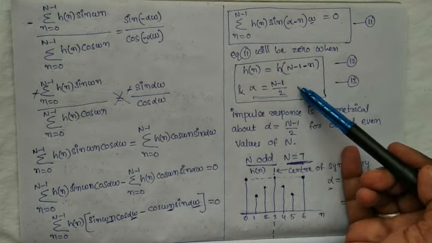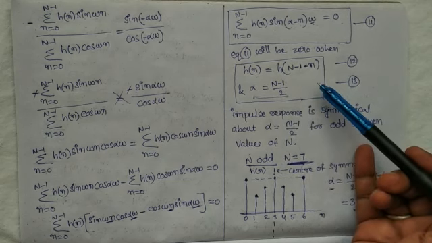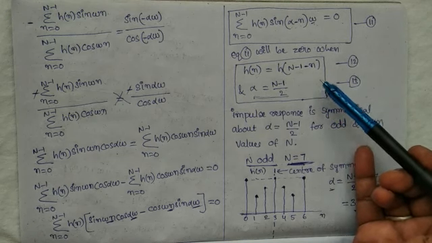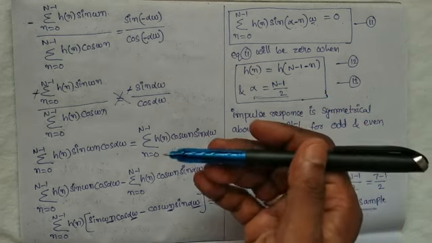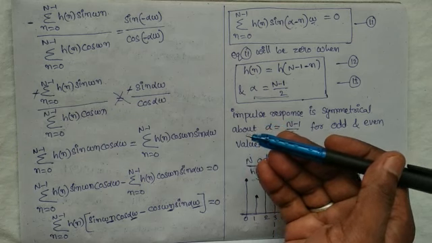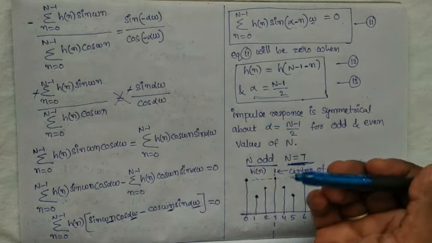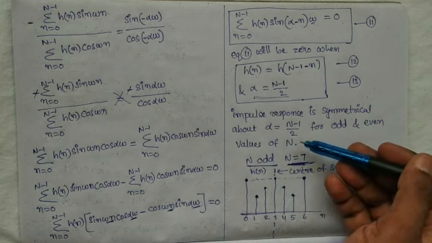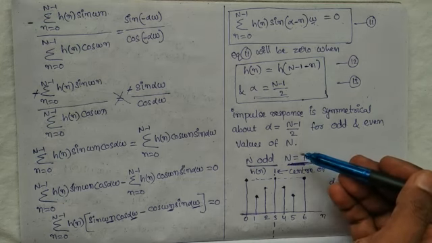It is for capital N odd and even, for odd and even values of capital N. Actually for constant phase delay and group delay, impulse response is symmetrical about alpha. Alpha is equal to capital N minus 1 by 2 for odd and even values of capital N.